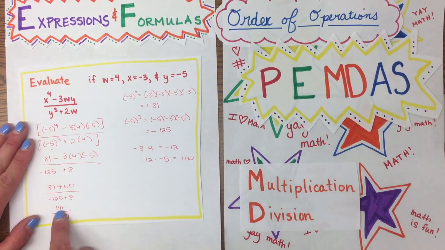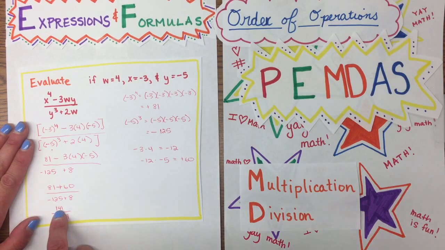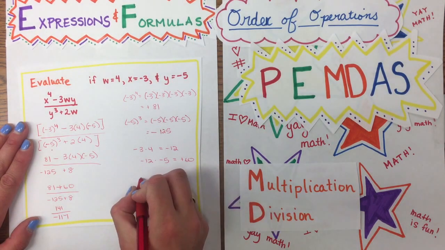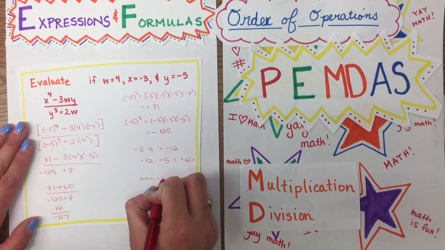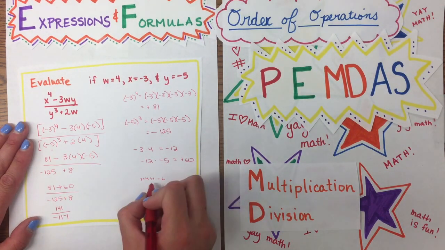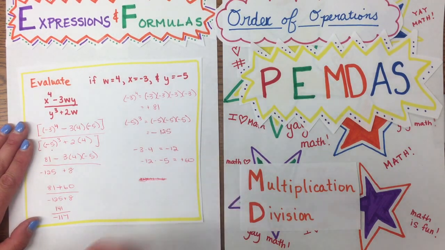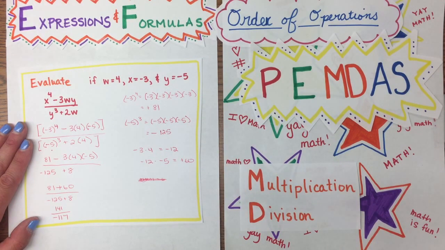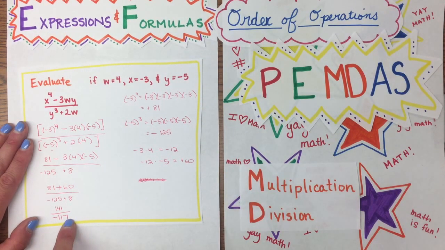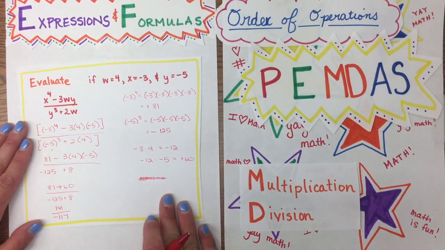When I look at the numerator, 141, if I add those numbers up, 1 plus 4 plus 1 is 6. 6 is a number divisible by 3, so I know that 141 is divisible by 3. And 1 plus 1 plus 7 is 9. That's divisible by 3. So 117 is also divisible by 3.